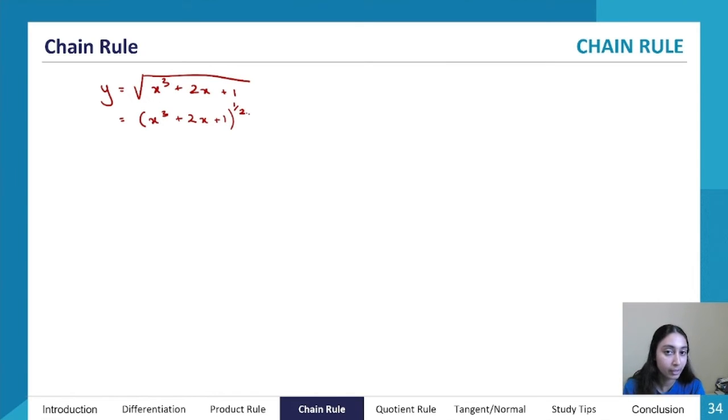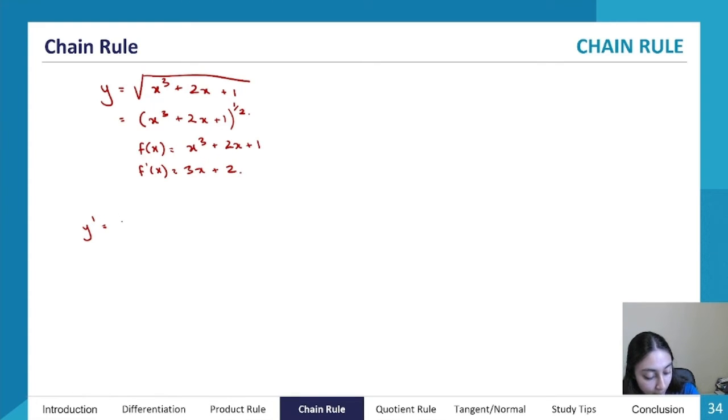Now from here, I think you guys would be able to solve it. So f of x is equal to x cubed plus 2x plus 1. So f dash of x is equal to 3x squared plus 2. So my y dash will be equal to my n, which is a half, times my f dash of x, 3x squared plus 2.